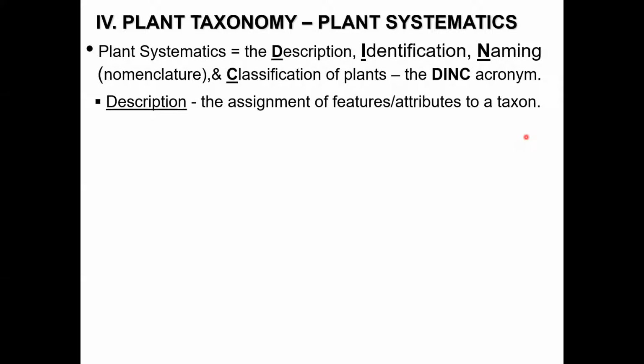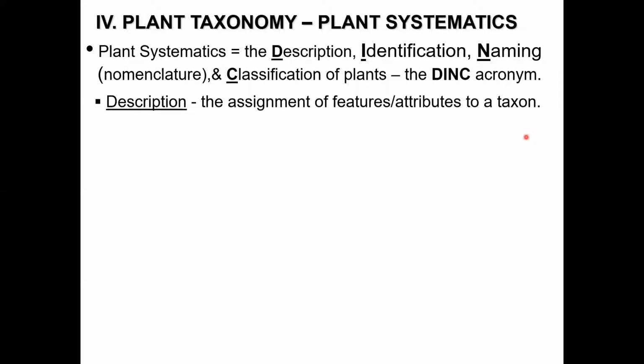Description is assignment of features, attributes to a taxon. Features or attributes are also known as characters. Features or attributes are characters, and characters have character states. Character would be color. Character state would be blue or red.